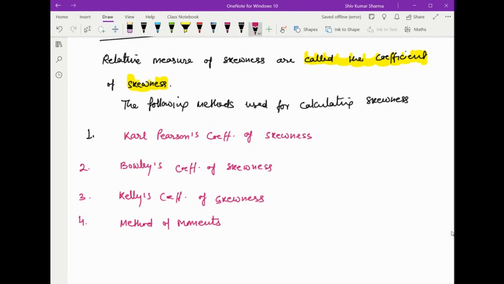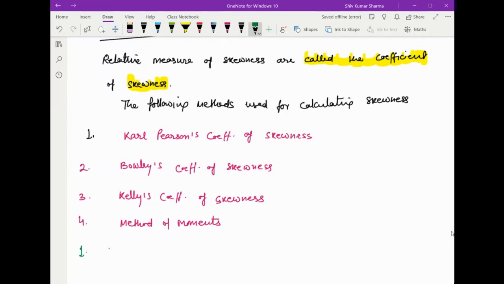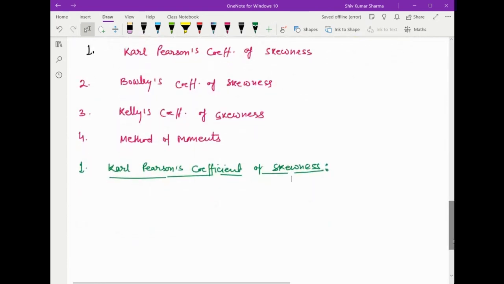So the first method is Karl Pearson coefficient of skewness. Calculating Karl Pearson coefficient of skewness is easy.